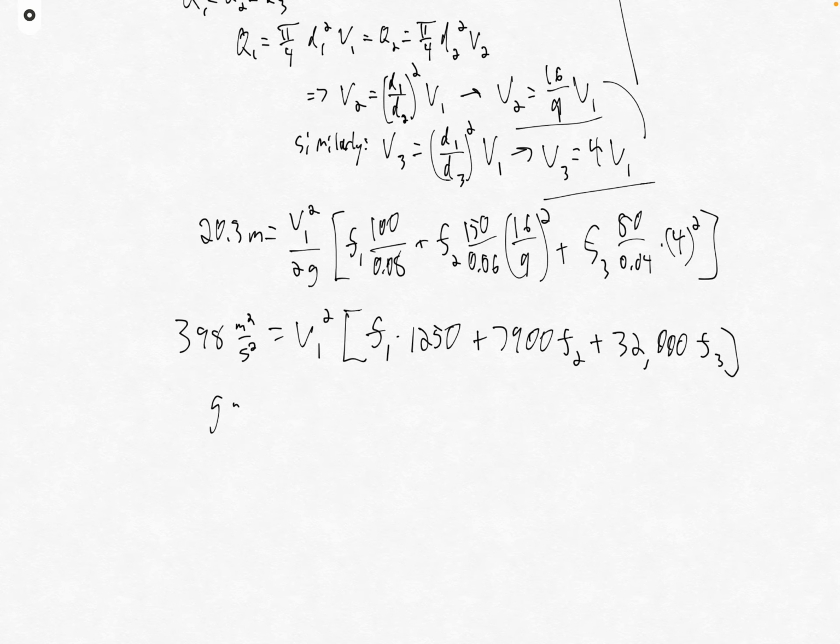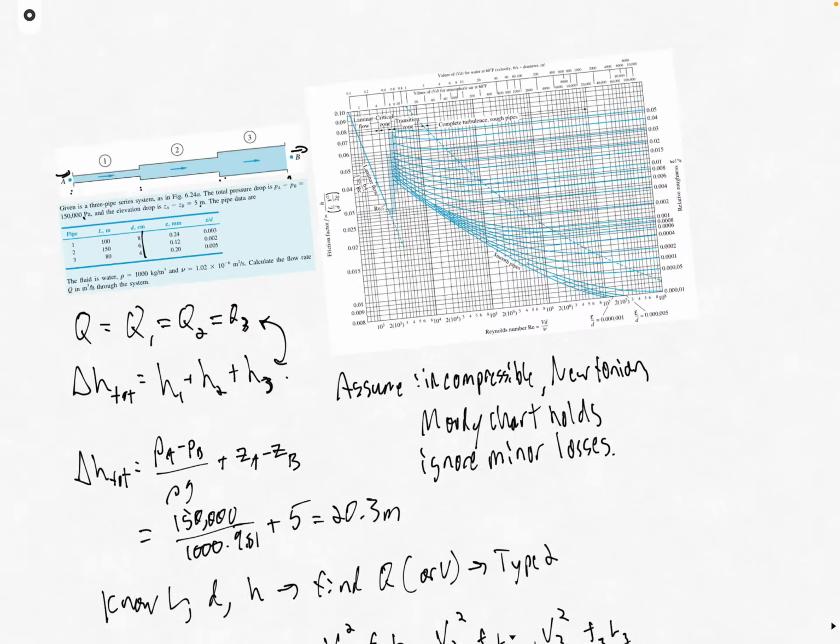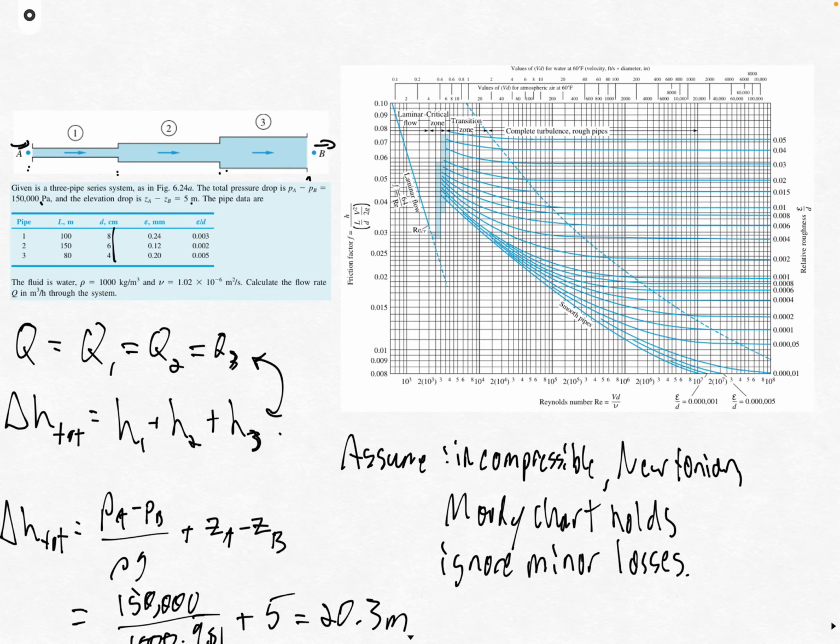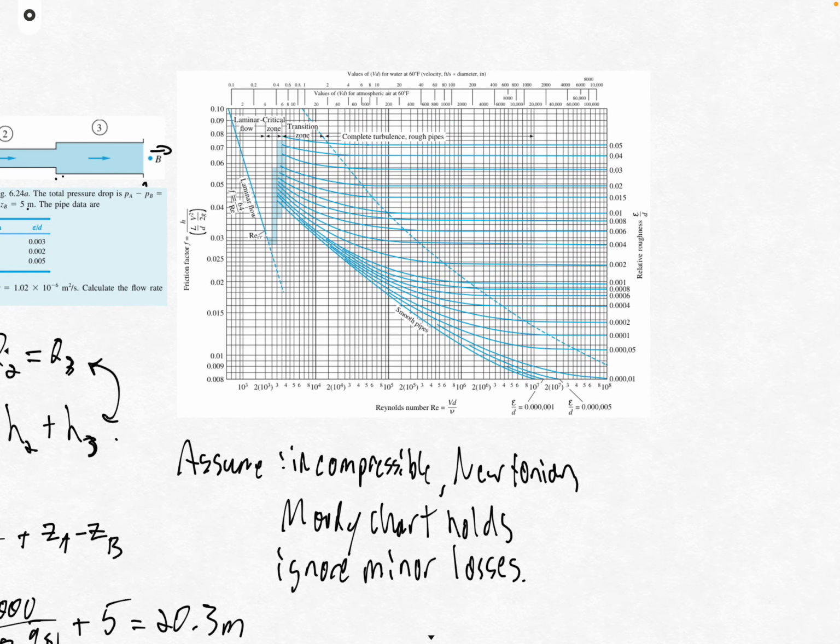So we're going to guess fully rough to start. So let's start with f1. For fully rough, friction factor 1, epsilon over d of 0.003.